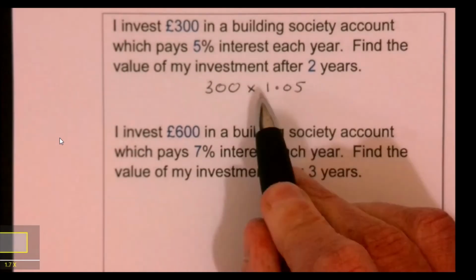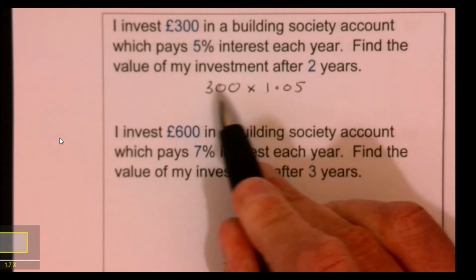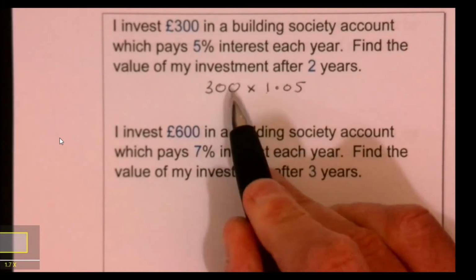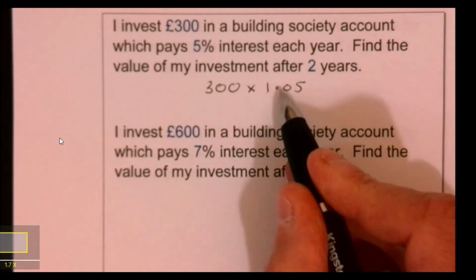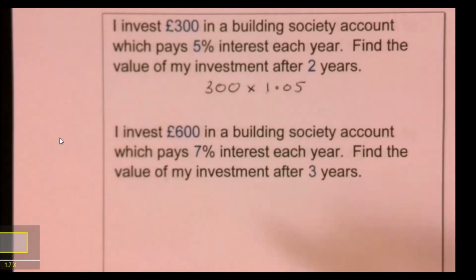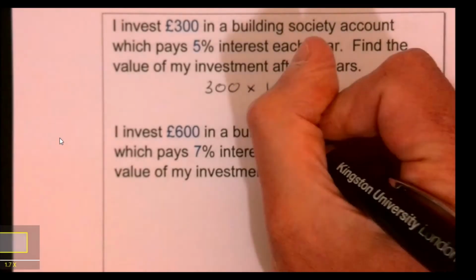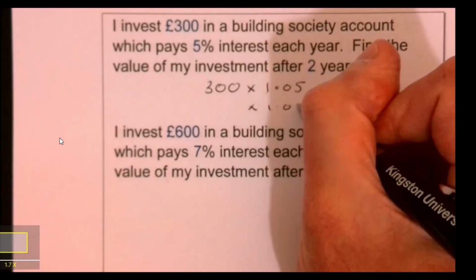The 1 represents the 300. If you multiply something by 1, it doesn't change it, does it? And then the 0.05 represents the 5%. We want to invest this for 2 years, so what's actually going to happen is that you're going to do that again.